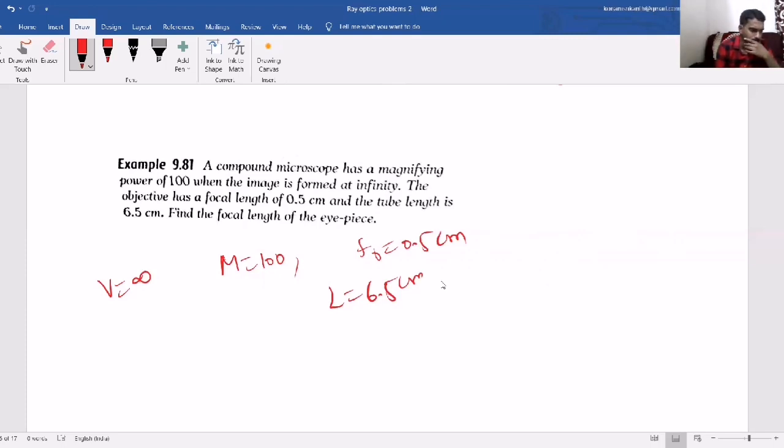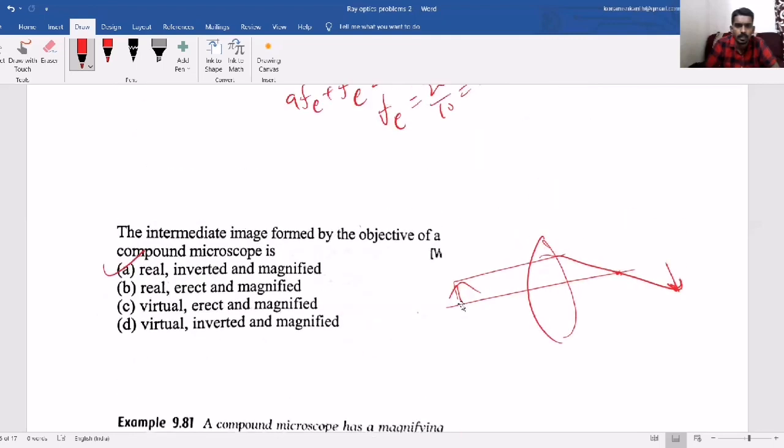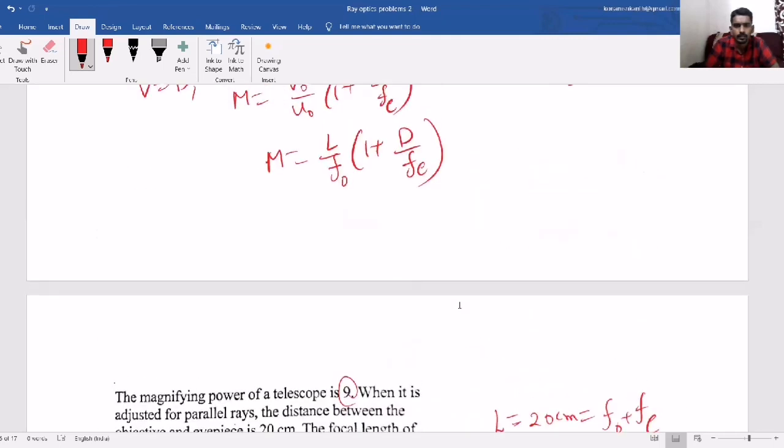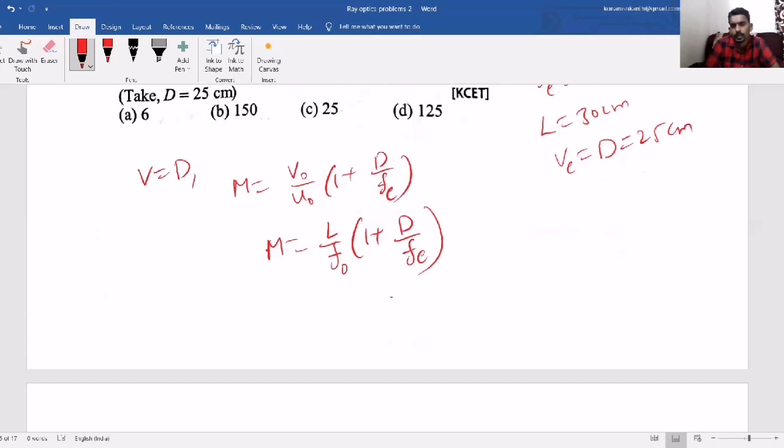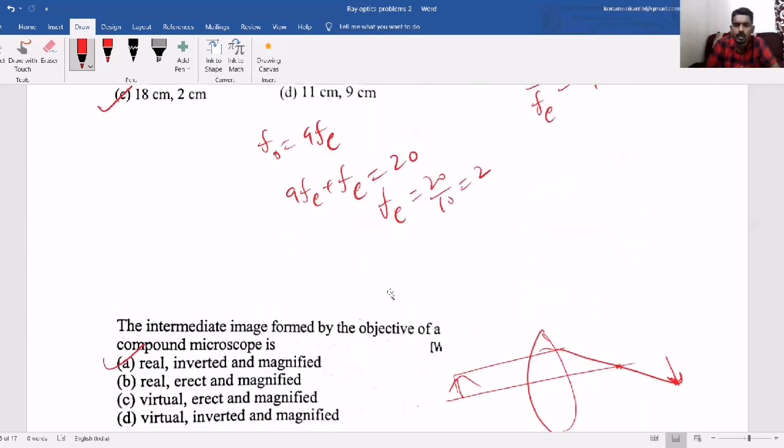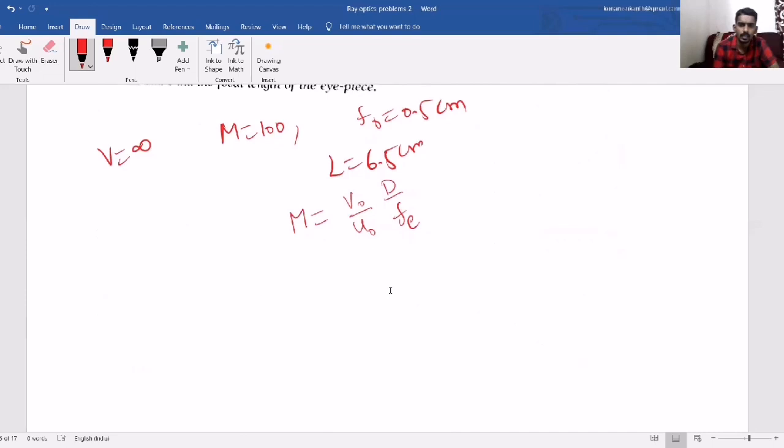When they give the length of the tube, what you have to do? The magnification formula at V equal to infinity is V0 by U0 into D by Fe. Just before, in terms of length, I took the formula L by F0. The same formula you can apply here: M equals L by F0 into D by Fe.